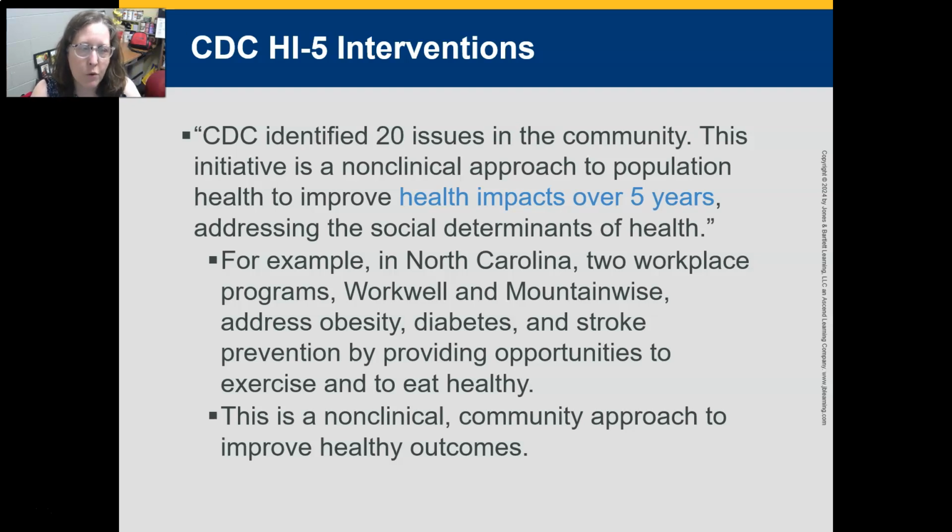So, for example, in North Carolina, 2 workplace programs called Work Well and Mountain Wise address obesity, diabetes, and stroke prevention by providing opportunities to exercise and eat healthy. Again, the key being opportunities, and then of course these are lifestyle things, so these are things that people can choose, right? This is a non-clinical community approach to improve health outcomes.